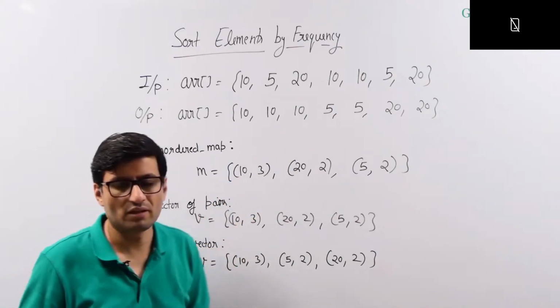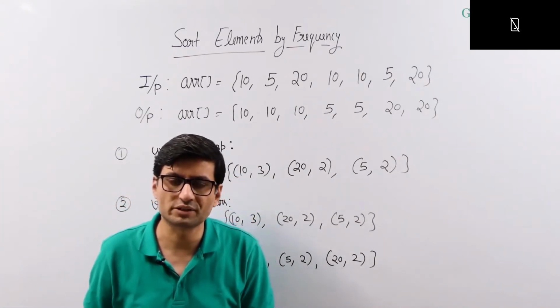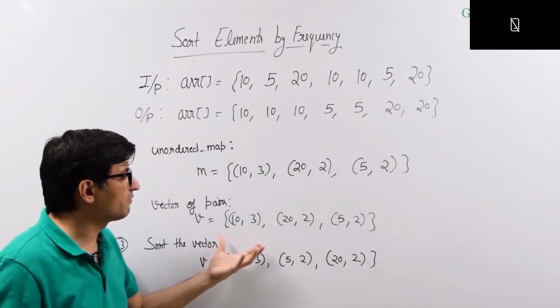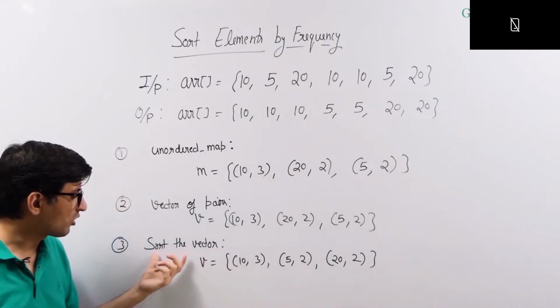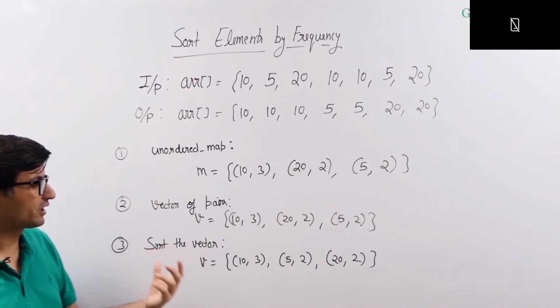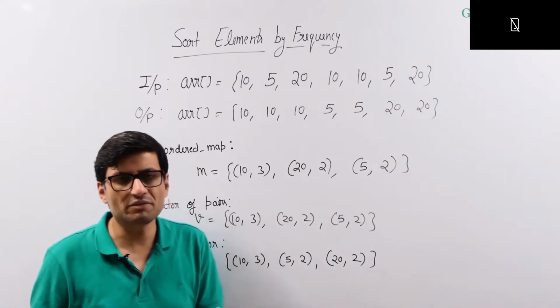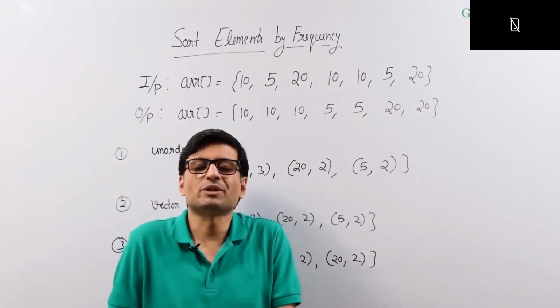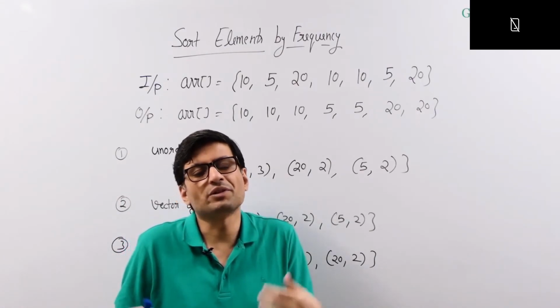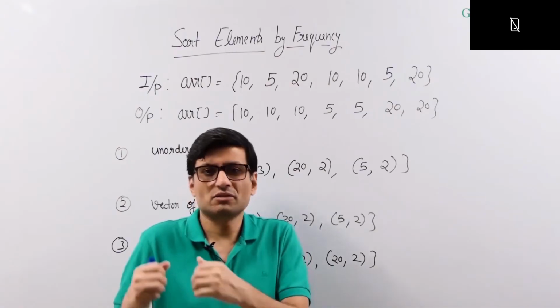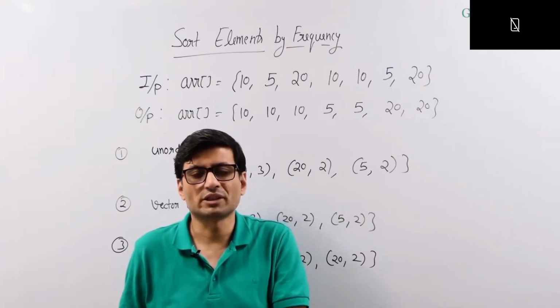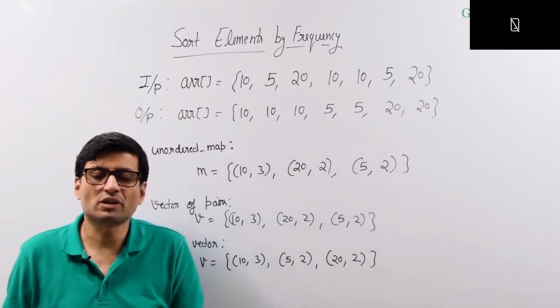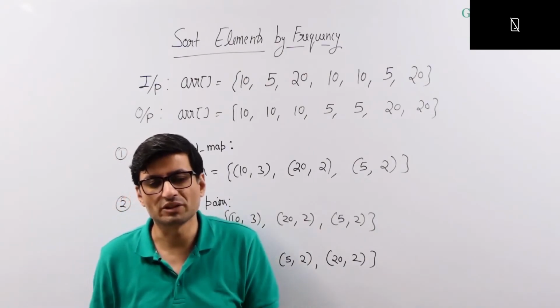So we make a vector of pairs. After we have made a vector of pairs, we sort this vector of pairs such that the sorting function follows the criteria according to the given question, that the most frequent item should come first, and if the frequencies are same, then smaller value should come first. So we need to write our own comparison function to achieve this.